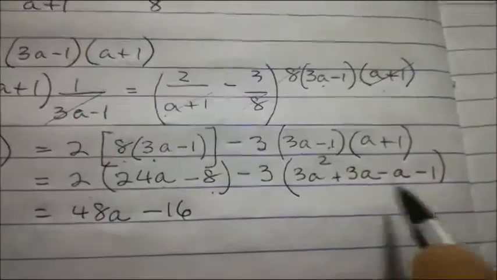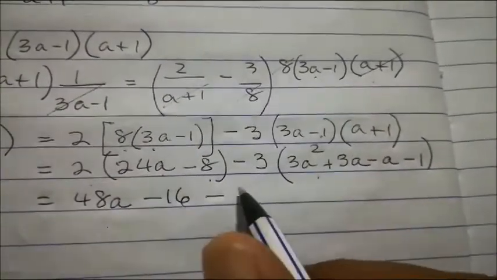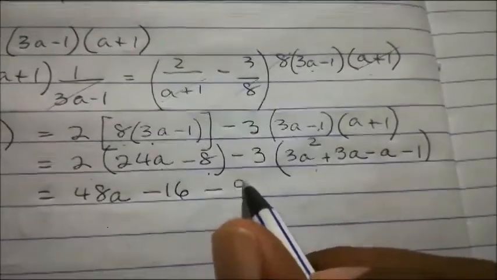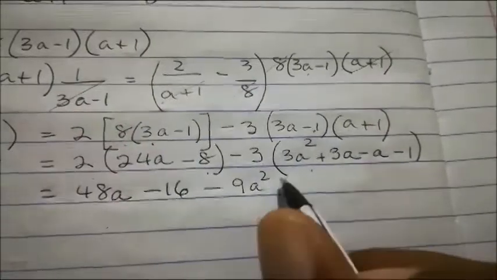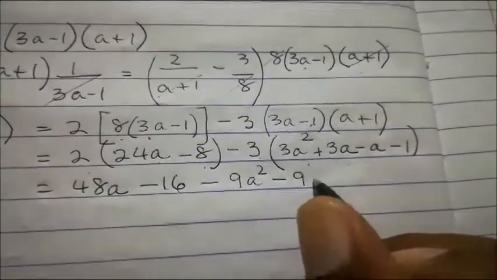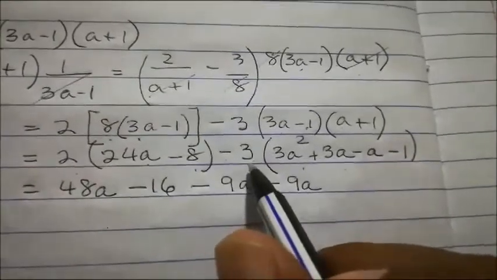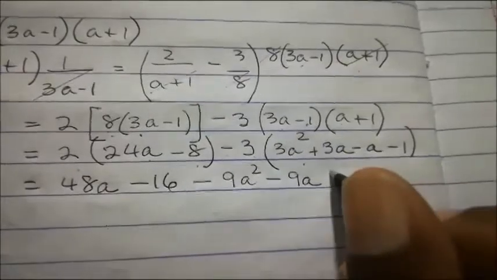We're going to expand this bracket now. So that's going to be minus 3 times this is going to be 9a squared. Minus 3 times a positive 3a is going to give you a negative, negative 9a, pardon. And a negative 3 times a negative a is going to be a positive 3a.